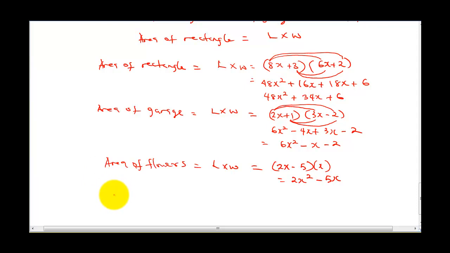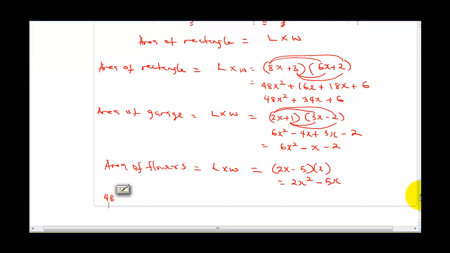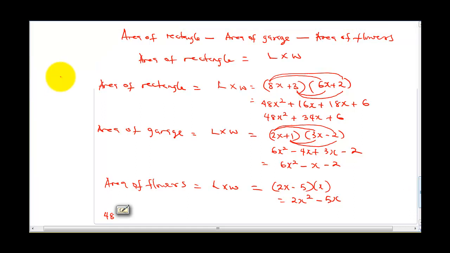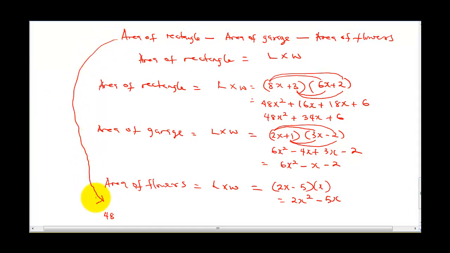Now the next thing we are going to do is the area of the rectangle minus the area of the garage, and subtract the area of the flowers. We are going to be applying the formula we had here. So this is going to be 48x squared plus 34x plus 6, subtract the area of the garage, which is 6x squared minus x minus 2.